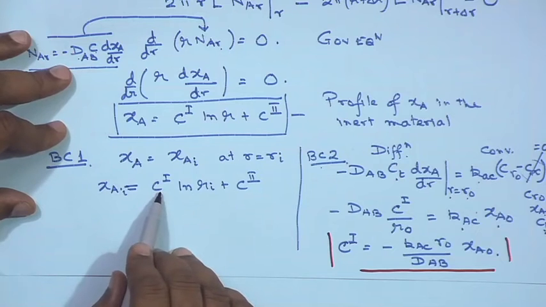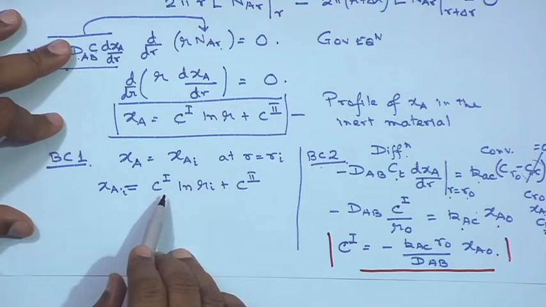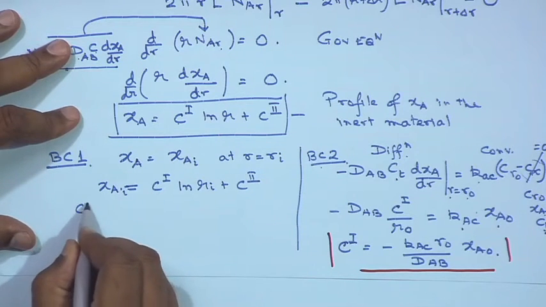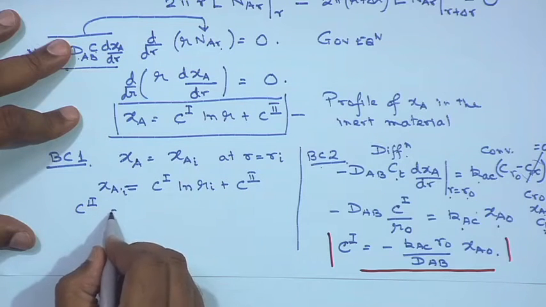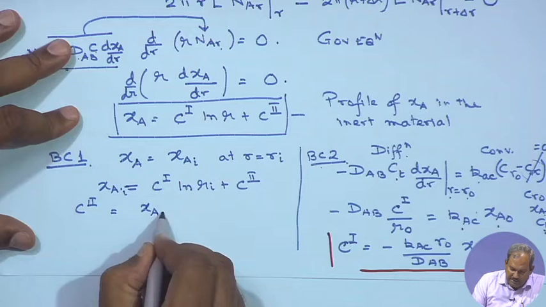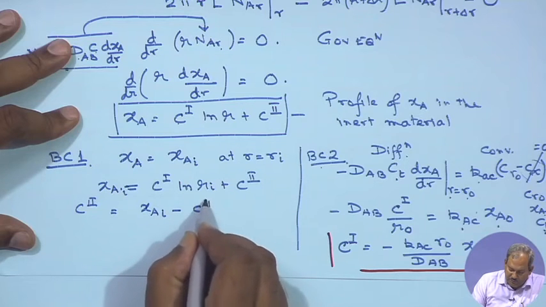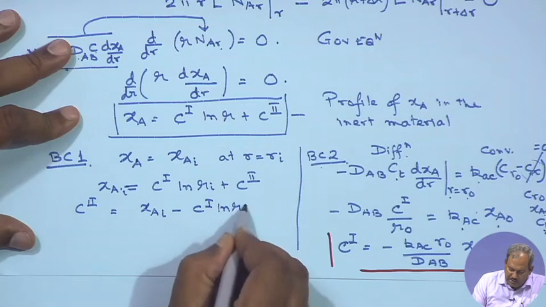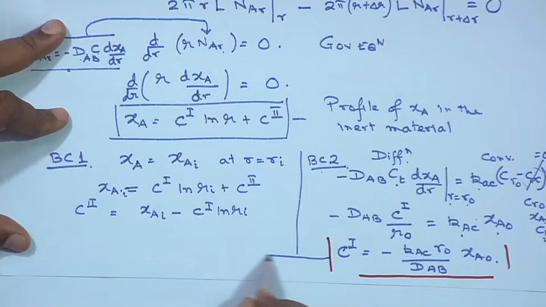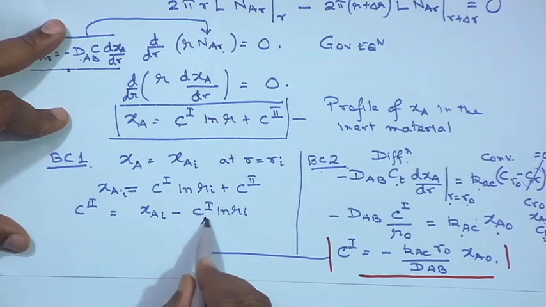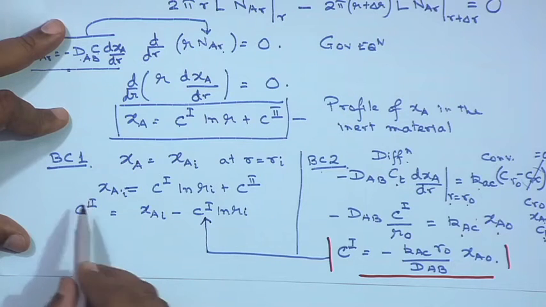This can now be put in here. So, you would get C2, which is the other boundary condition, would simply be equals xAI minus C1 ln rI, and then I am going to put the expression for C1 in here to obtain the expression for C2.